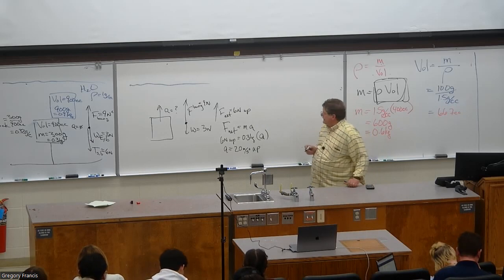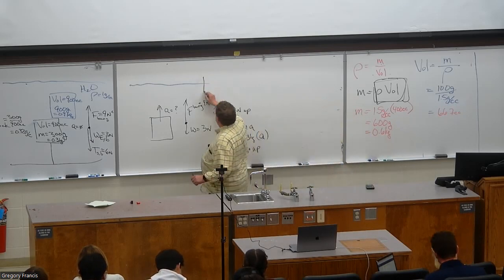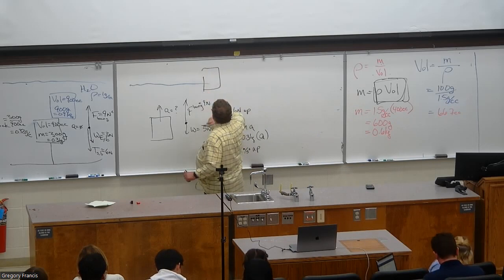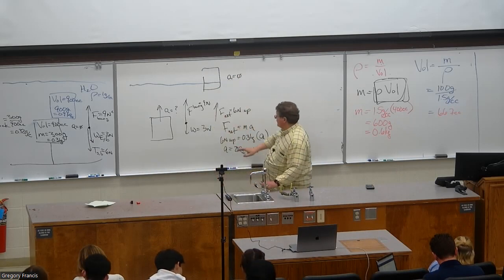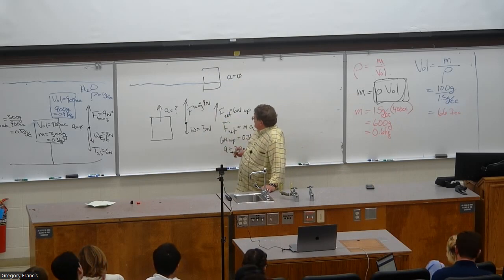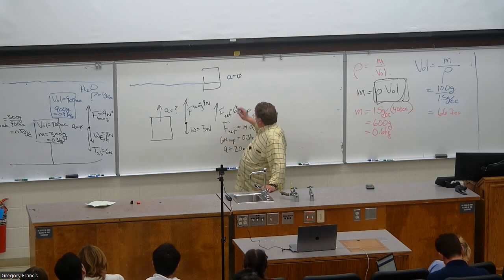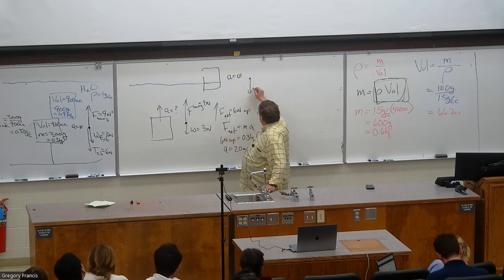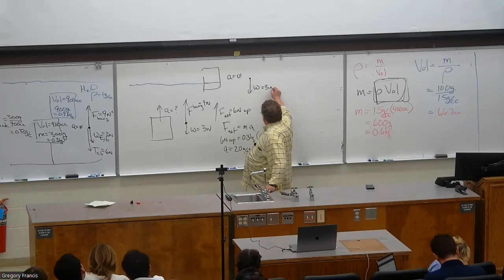Okay. Then it gets to the top. And once it gets to the top, its acceleration is 0. Well, the weight force doesn't change. The Earth doesn't care what the block's doing, whether it's at the bottom or the top of the pond. And so my weight force is still going to be 3 newtons.